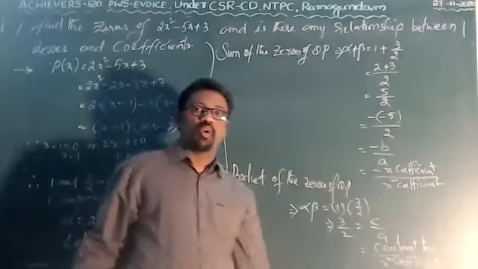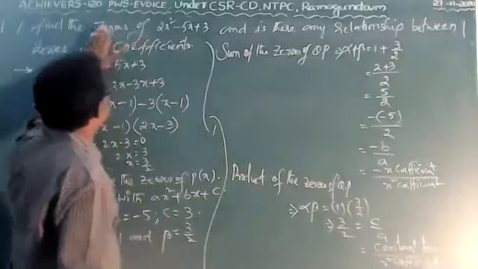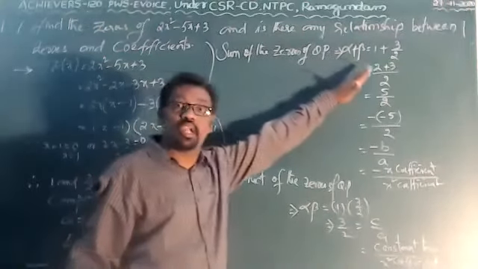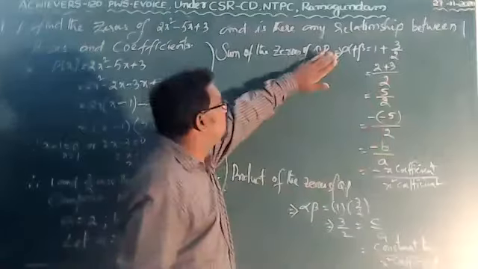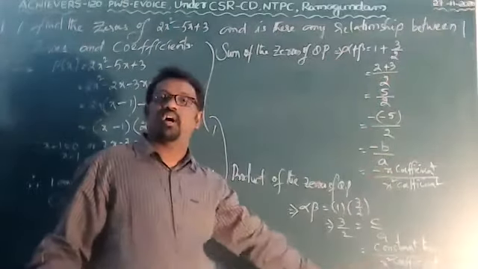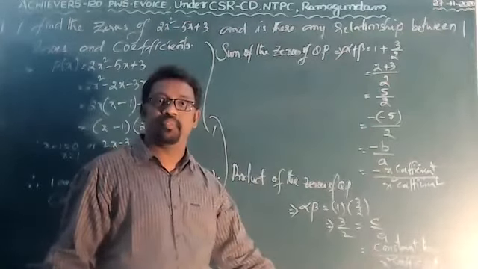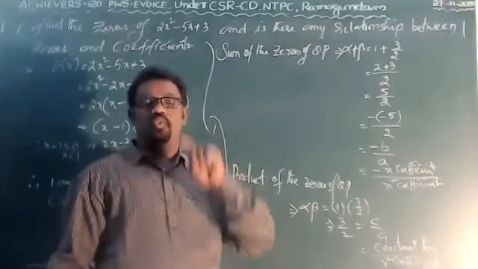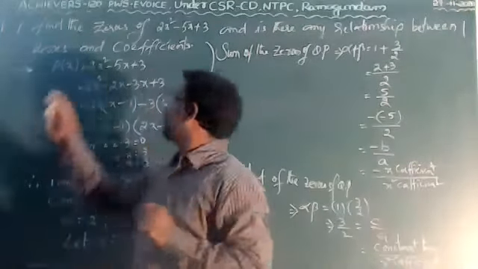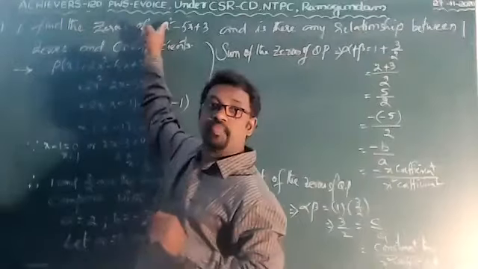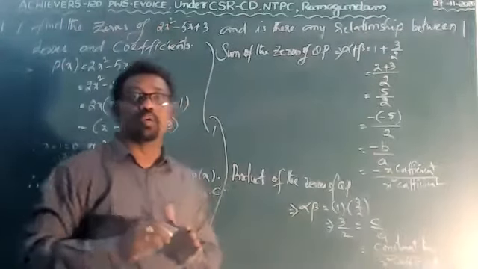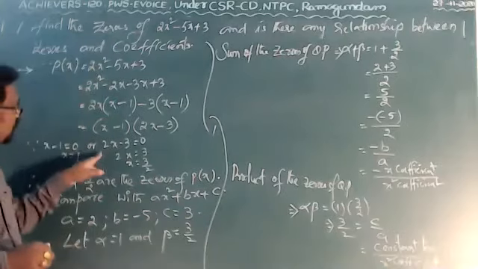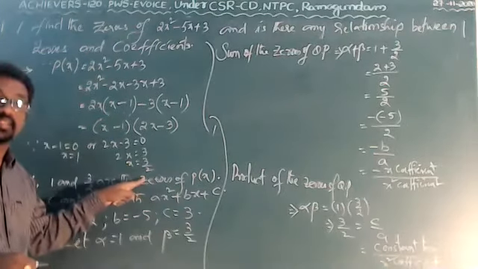So now these are the zeros, and you have to find them by factorization. Obviously, all the time there will be a relationship between zeros and coefficients. If a quadratic polynomial is given, first we have to find the factorization, and from that you will get the zeros.